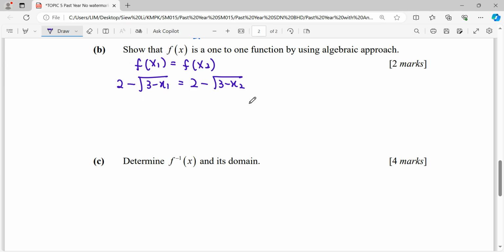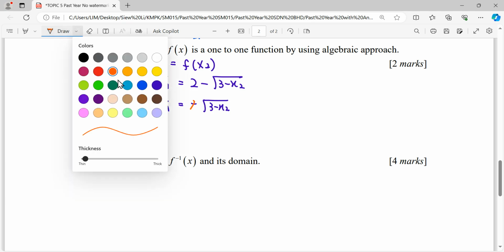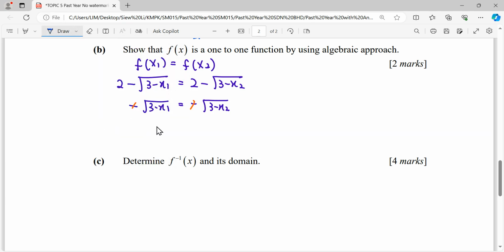So simplify, how do you get this x1? Move your 2. When we move the 2 to the other side, 2 minus 2 will be cancelled off. Then when we simplify the negative, it will become positive. Then to simplify the square root, move it and it will become a square.